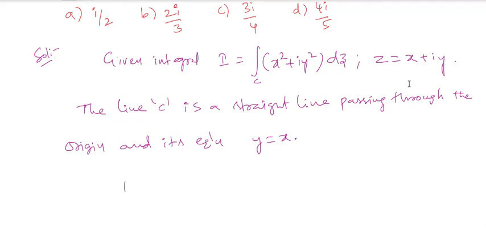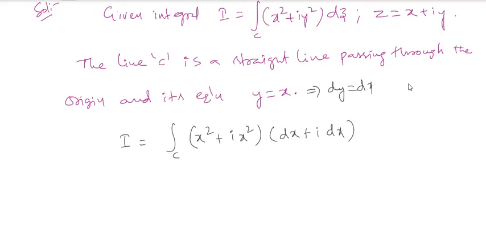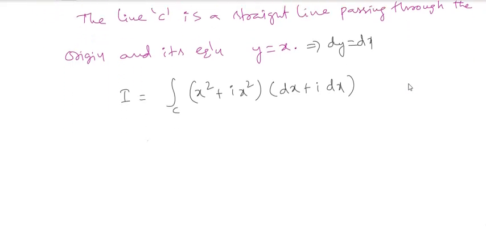So now your I value will be integral over C of x square plus i into y, which is x into dx plus i dy. Directly I can take dy equivalent to dx, which I am directly substituting. So i into dx will be there. The limit for C is also 0 to 1 only, right? Yes, which is 0 to 1.